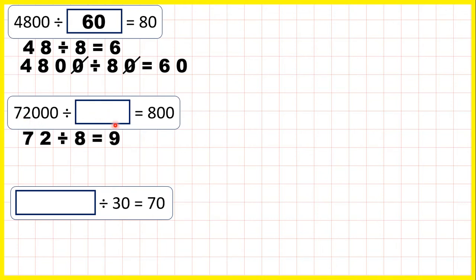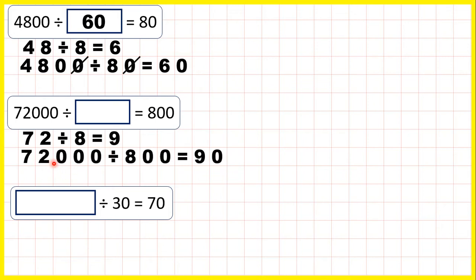We know that 72 divided by 8 is 9, so 72,000 divided by 800 is 90. That's because we can cancel two end zeros, but then we still have an end zero in our dividend. So 72 divided by 8 is 9, but then we have an end zero in the dividend, so we need an end zero in the answer.